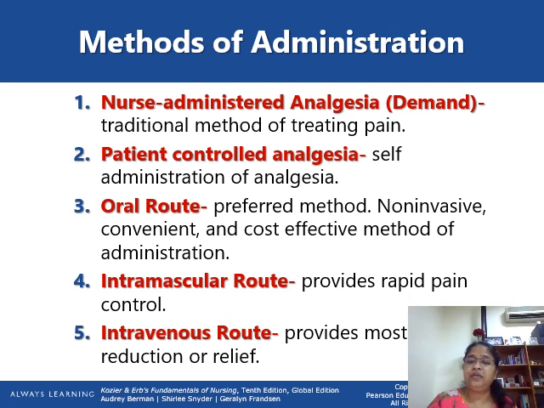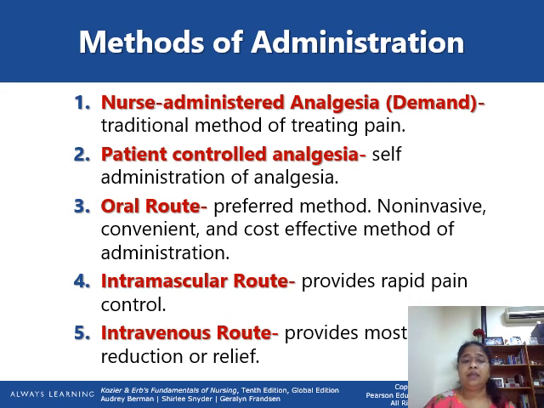When they don't feel pain, they can stop the medication going into their body. This is called patient controlled analgesia. This seems to be working very well, and we can find it in many of our hospital settings. Patients are provided with this route of medication.